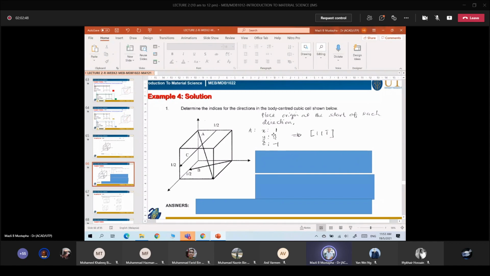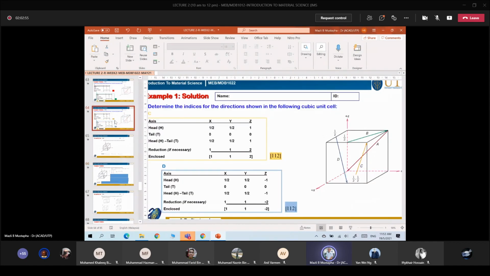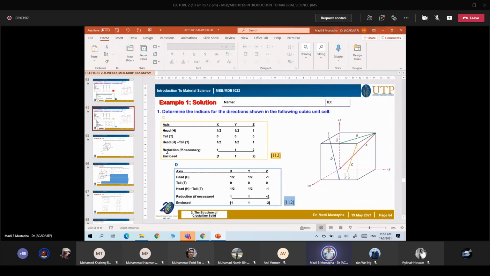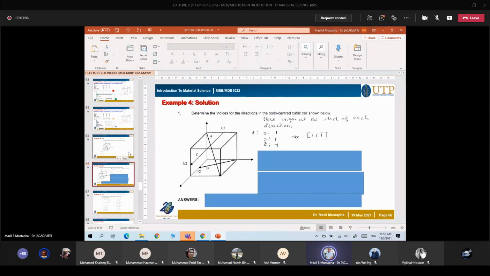I hope that you will follow this table, head minus tail, just for a quick one. Our head X is 1, Y is 1, and Z is -1. Our tail is 0, 0, 0. That's why our final answer is this one.